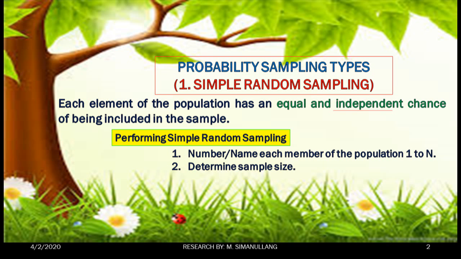Then how many will be taken as the sample from the population. It means you need to determine the sample size. After that you may take or select the sample.